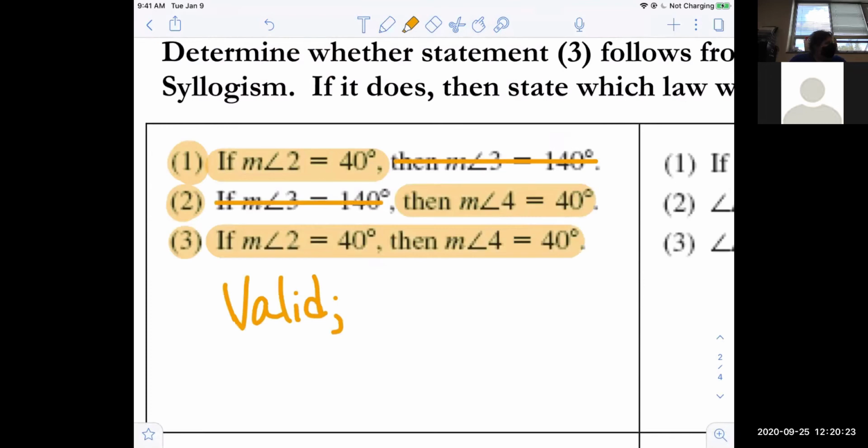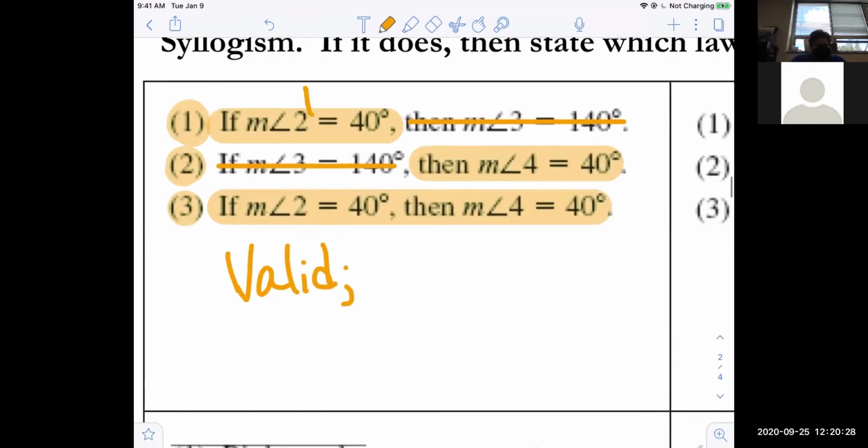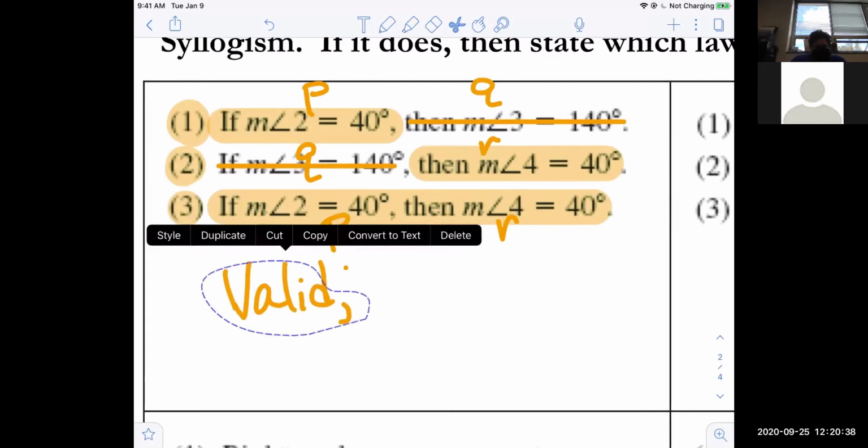That is not detachment. That's syllogism, right? If P implies Q is true, and if Q implies R is true, then P implies R is true. So that one is valid, but that is law of syllogism.